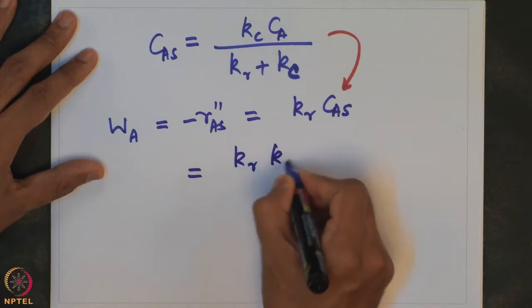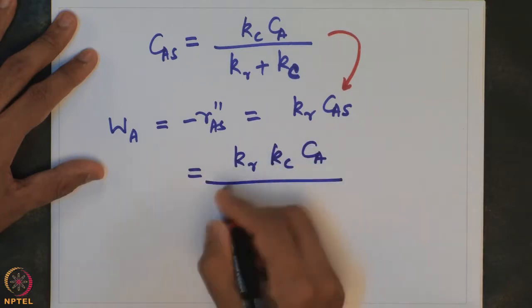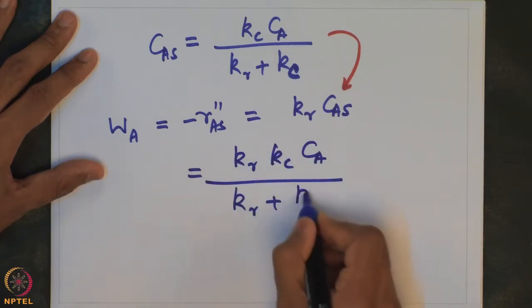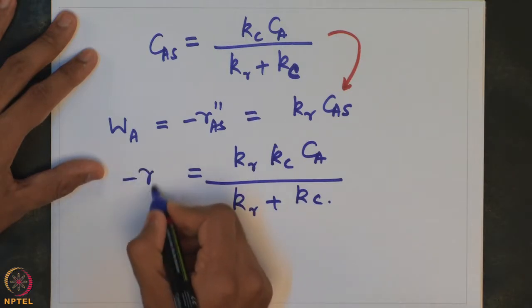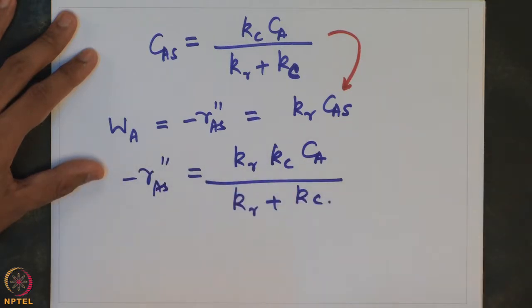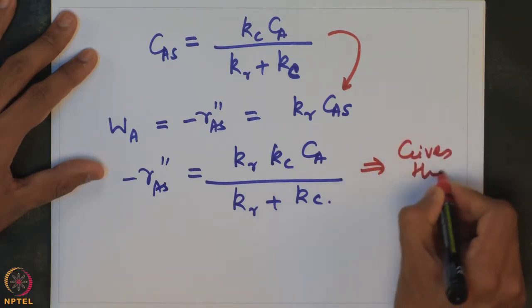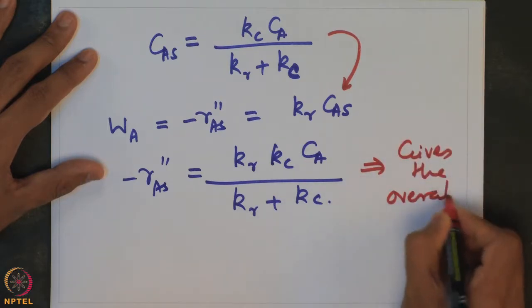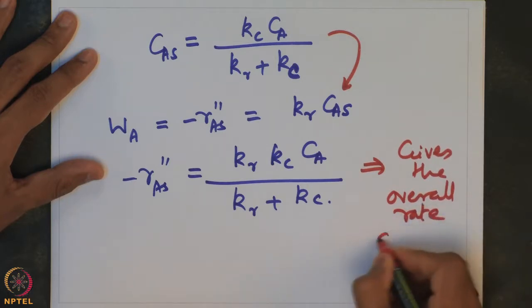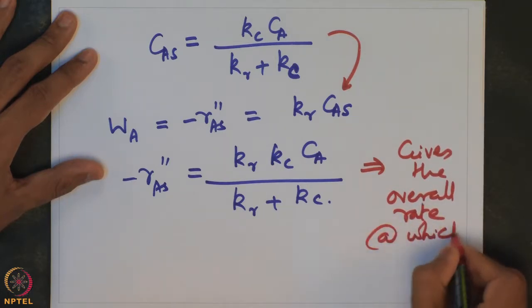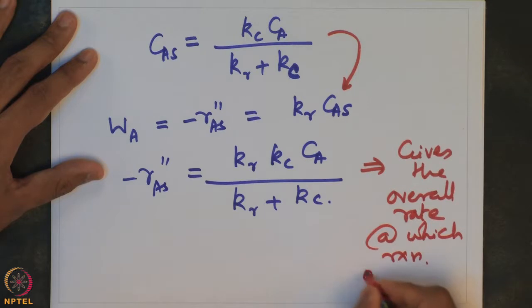That will be equal to Kr into Kc into CA divided by Kr plus Kc. So, this expression gives the overall rate at which the reaction occurs in terms of the measurable quantities.